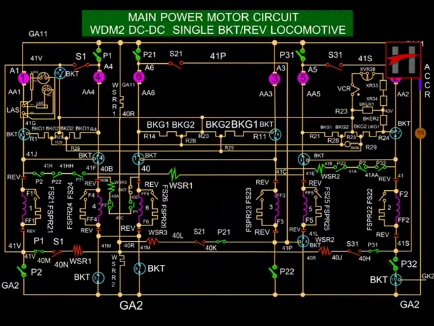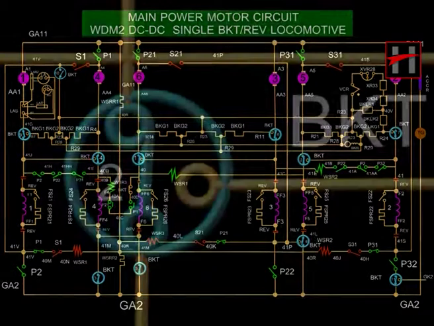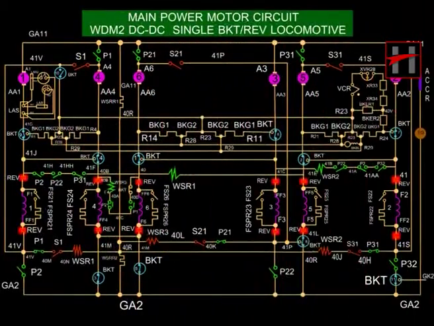These are the 6 parallel power contactors. These are the BKT contacts in motoring mode. And these are the reverser contacts in reverse or forward direction.